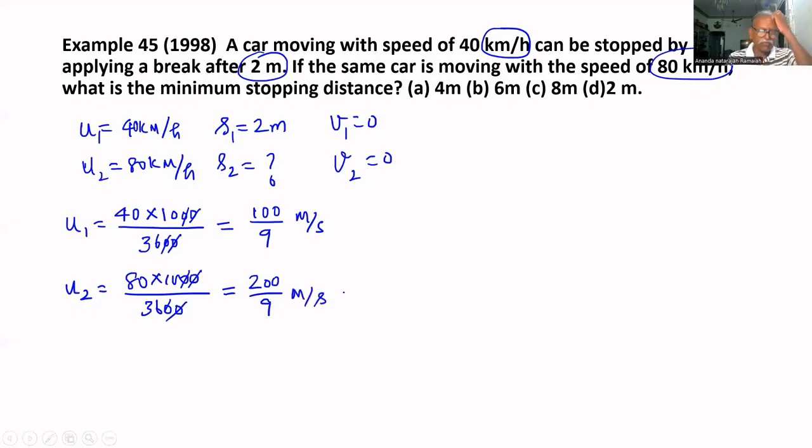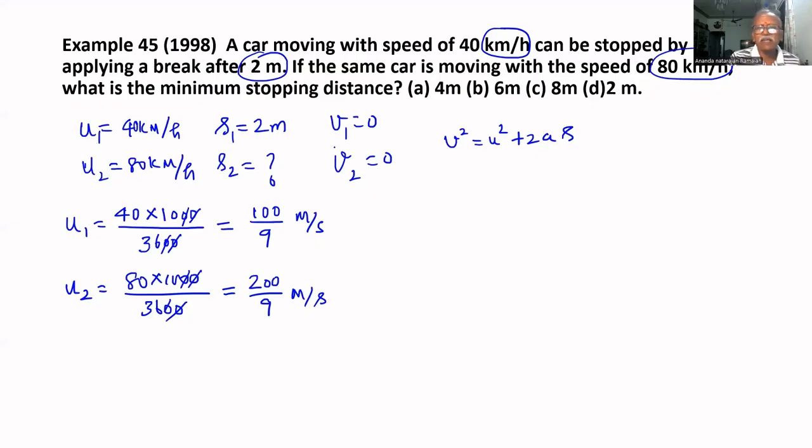So now what is asked? What is the minimum stopping distance? S2 is asked. So V square equal to U square plus 2AS. We didn't get the acceleration, so we have to find the acceleration and substitute.